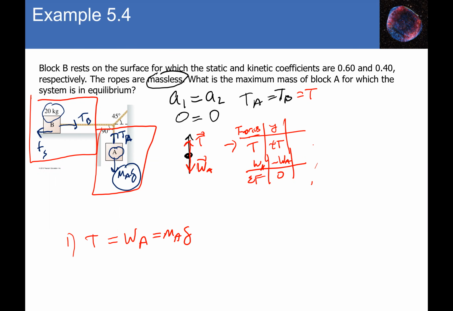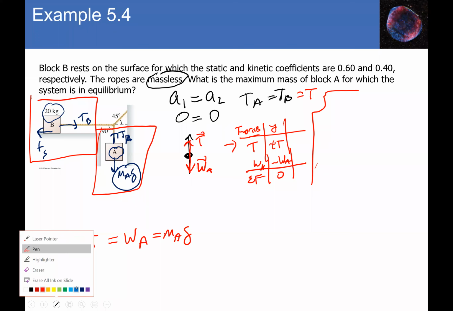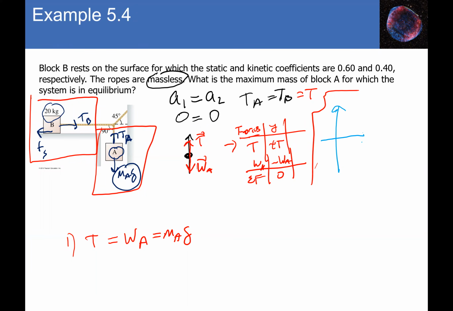Now, in the same way, I look at system B. For system B, here's my free body diagram. System B here is at the center, and the forces acting on it will be tension to the right, and then friction to the left, which is static friction, normal force up, and weight of B down.